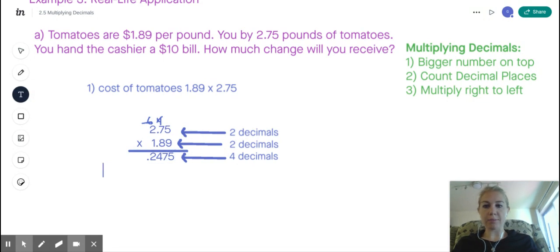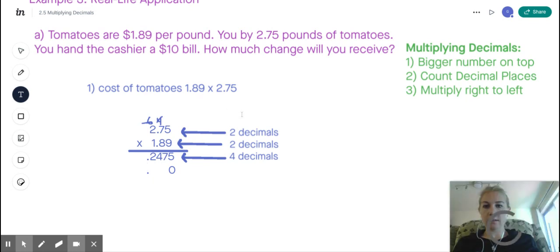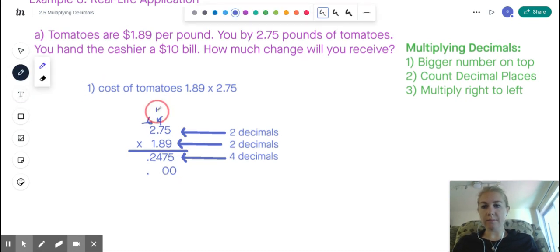Now we're going to be multiplying with our 8. But before we start, I'm going to add a 0 down below, and my decimal point will be approximately right there. I know that 8 times 5 is 40, so my 0 is going to go down below and my 4 is going to go on top of the 7.